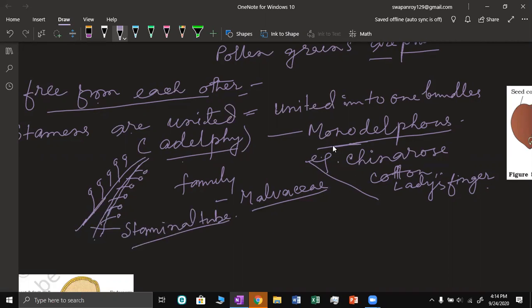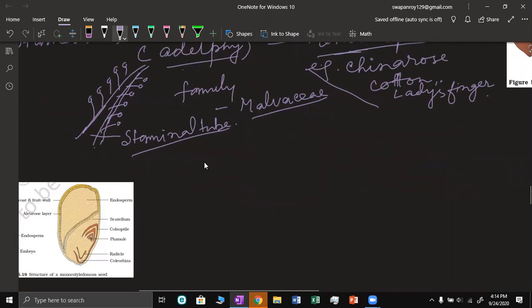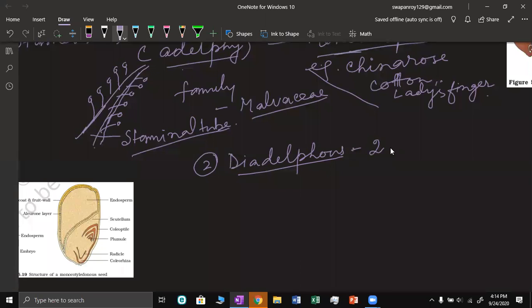Then, after the monoadelphous, number 2 is called diadelphous. Diadelphous condition means it is grouped into 2 bundles.